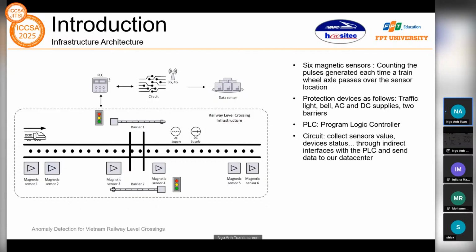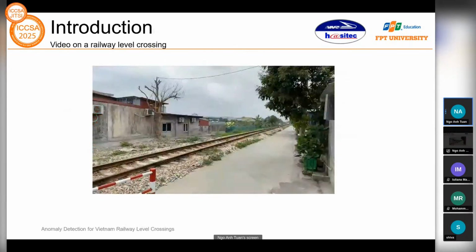The other devices are the traffic light, bell, AC and DC supply, and two barriers. The PLC is the programmable logic controller. The circuit collects sensor values and device status through an interface with the PLC and sends data to our data center. To show more detail, I prepared a video of a railway level crossing.